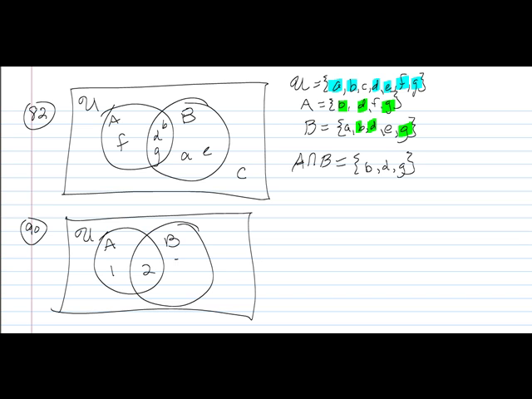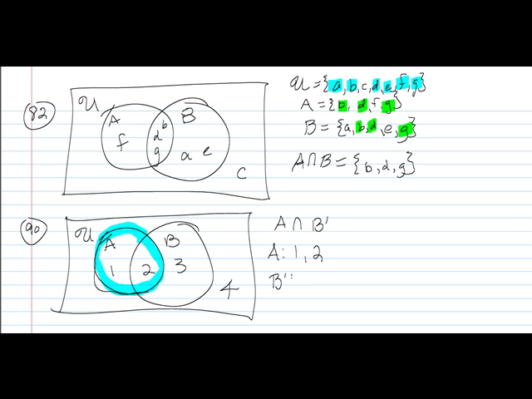Now, what I like to do for these is number the regions, and we're doing number 90, A intersect B complement. So what we want to do is list the regions found in A. A, let me outline it in the blue. A contains 1 and 2.